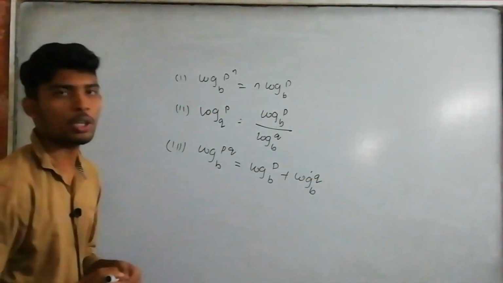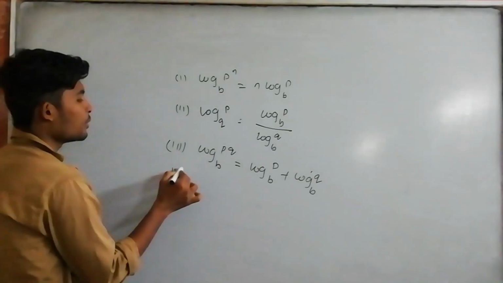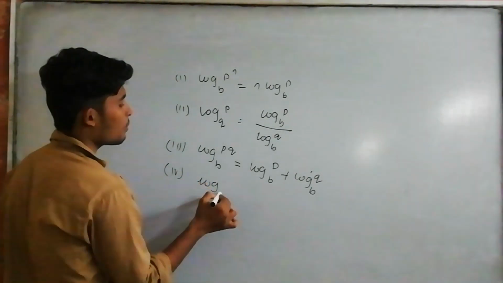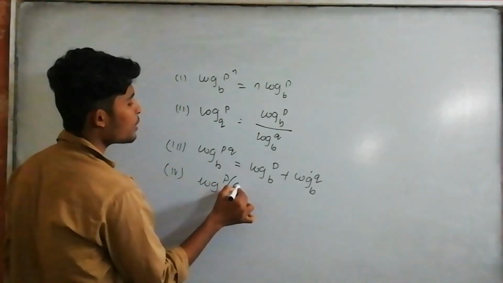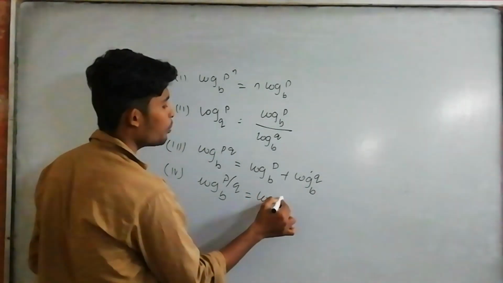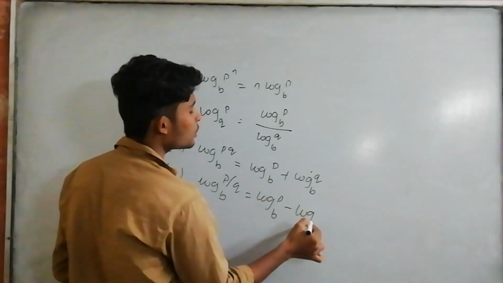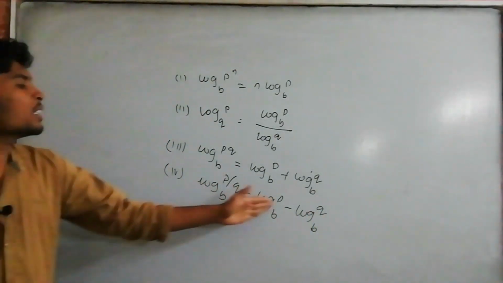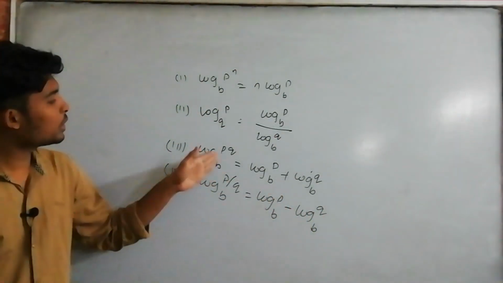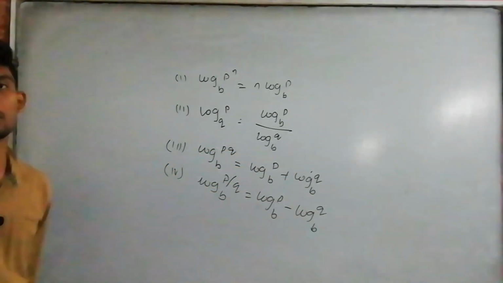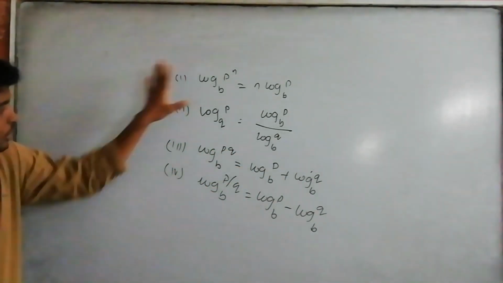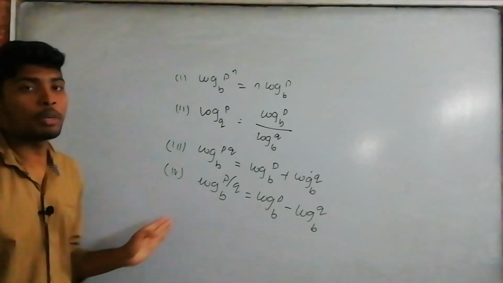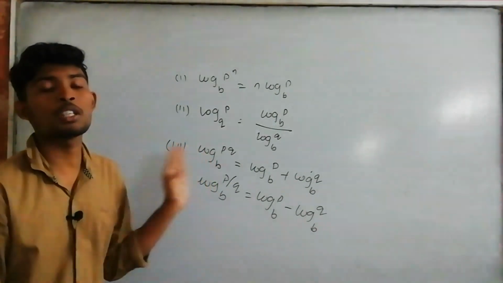Another formula: log base b of p divided by q can be written as log p base b minus log q base b. If division is there, then it is a difference. If a product is there, then it is a summation. So these formulas are very useful to find logarithmic differentiation.